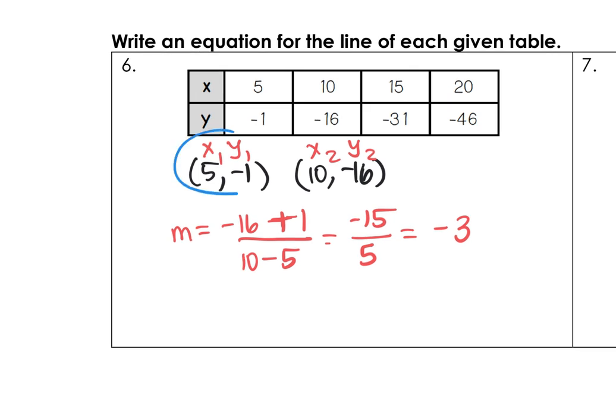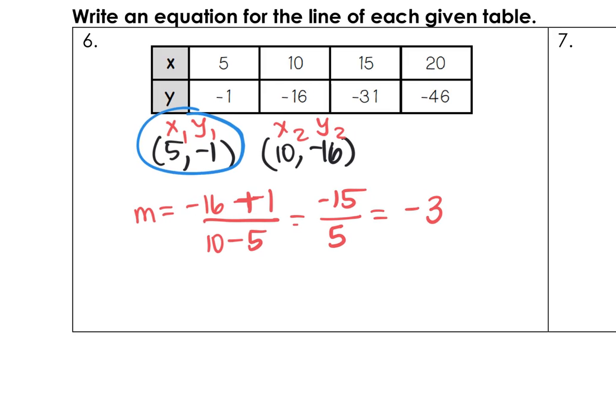I'm going to use this as my point, and I'm going to plug that into that point slope form so that I can then simplify it to y equals mx plus b. So point slope is y minus y1, so it's going to be y minus negative 1, but I'm not going to do minus negative 1, I'll make it a plus. So I've got y plus 1 equals m, which is negative 3, times x minus the x1, and the x1 is 5.